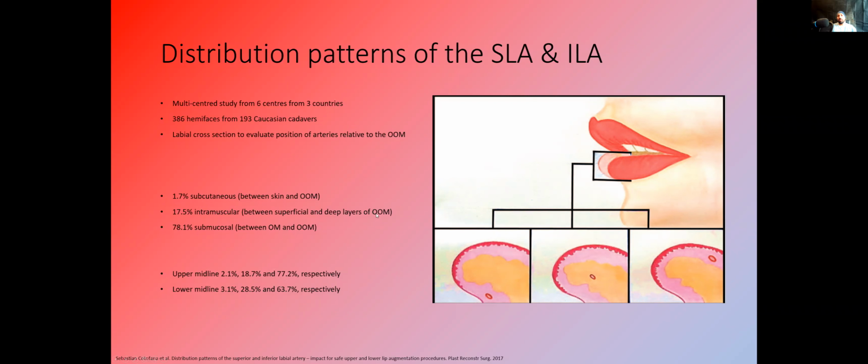So they found that the arteries were in the subcutaneous layer. So remember, there's the skin and then subcutaneous. The arteries were found in the subcutaneous layer in only 1.7% of the 386 spaces. It was found in the next layer, which is your muscular layer, intramuscular, okay, so the Orbicularis Oris.